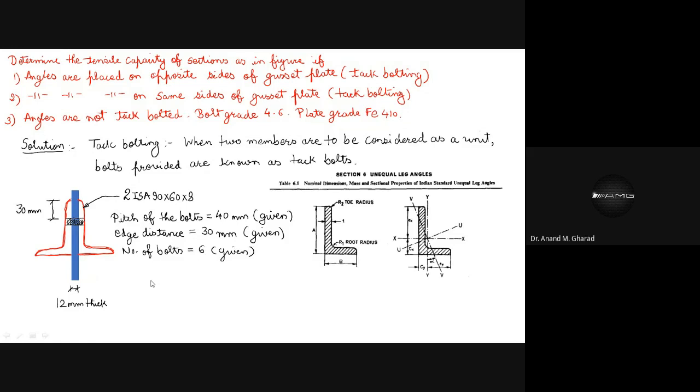The first is gross section yielding, second is net section rupture, and third is block shear failure. Let us verify whether the design we are providing is safe or not. In that, you will also come across the concept of effective net area, Ae.